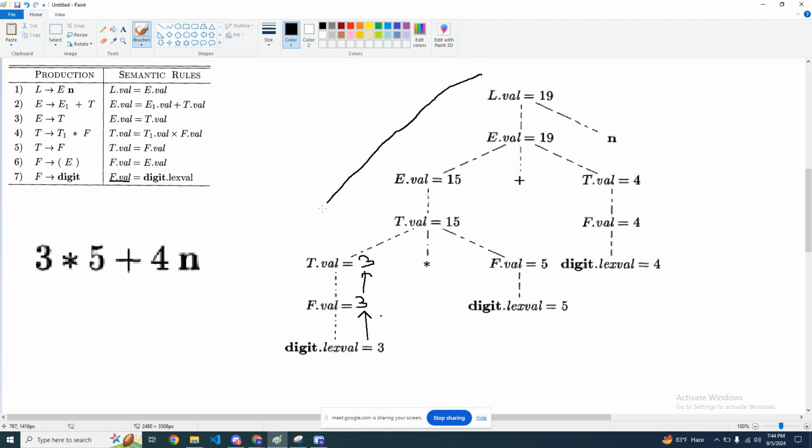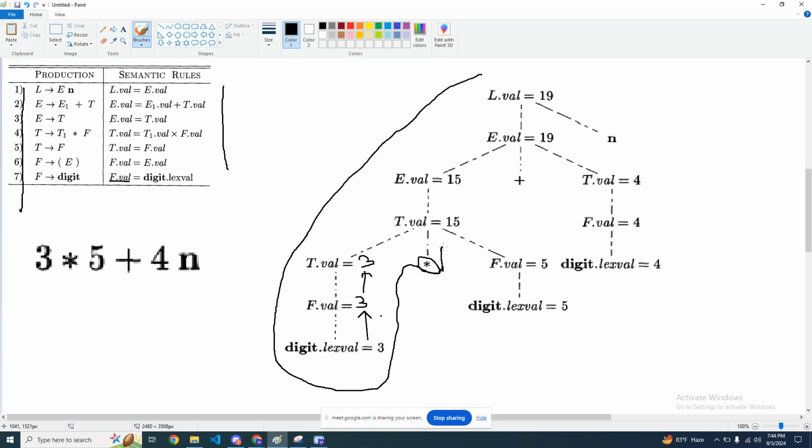Now if we traverse, our next node is this node. We do not have any value associated with it; if you look at the production, there are no semantic rules associated with this node.